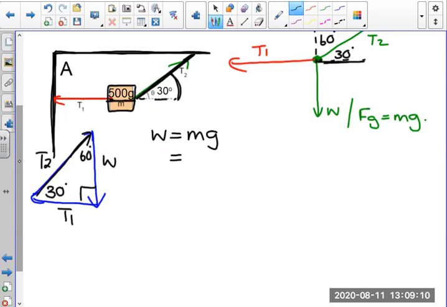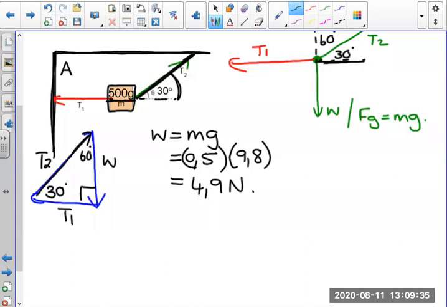So the mass that I'm going to put in my sum is 0.5 kilograms, because 500 grams gives me 0.5 kilograms. Okay, times g, which will always be 9,8. That's the gravitational acceleration on Earth. I work out the weight of this block, which is 4,9 newtons. So it means that I have this one, 4,9 newtons.